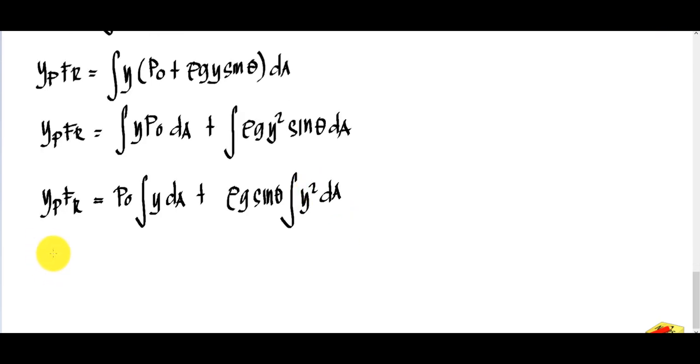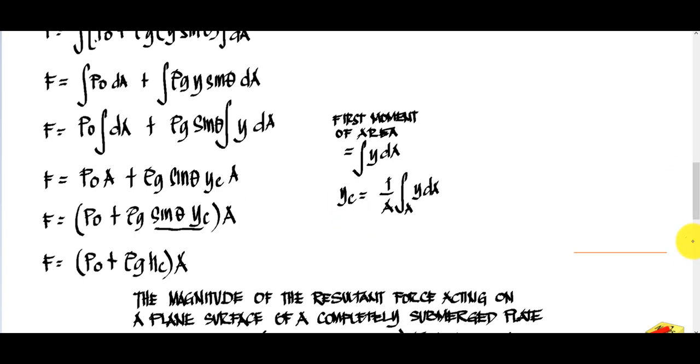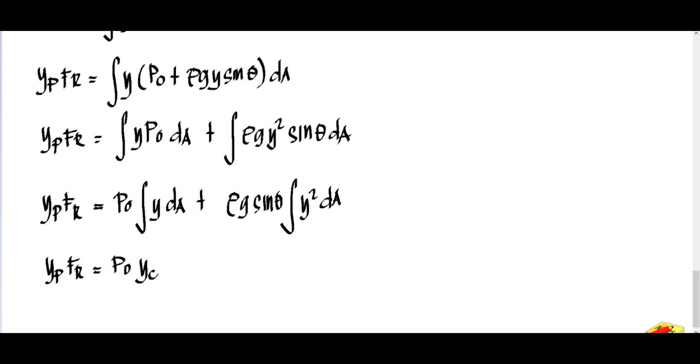Then we have now our yp times the resultant force, which is equal to P sub O. Since this one is already equal to y dA, this will become yc, multiplied by the differential, plus the density, the gravity, and sine of theta.